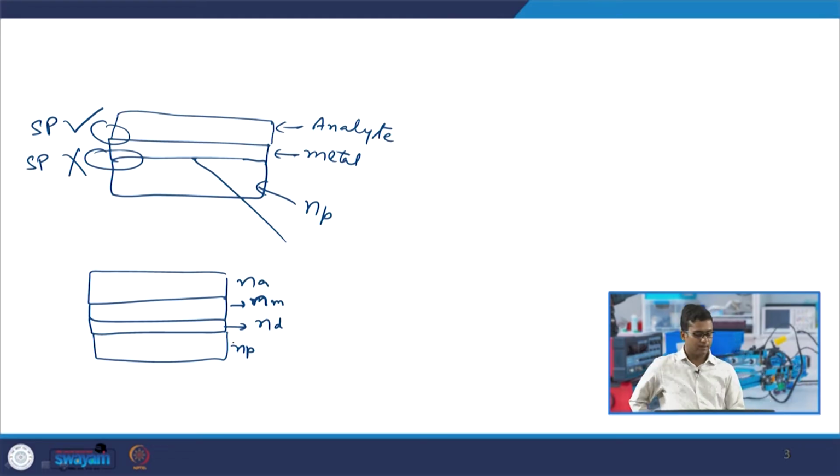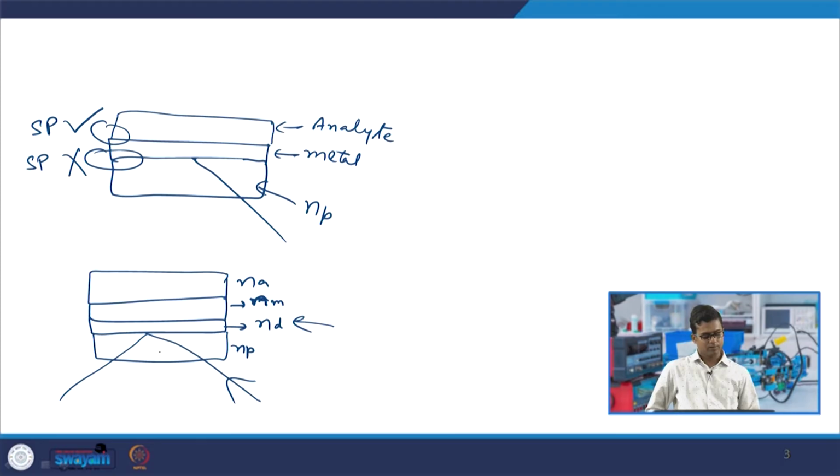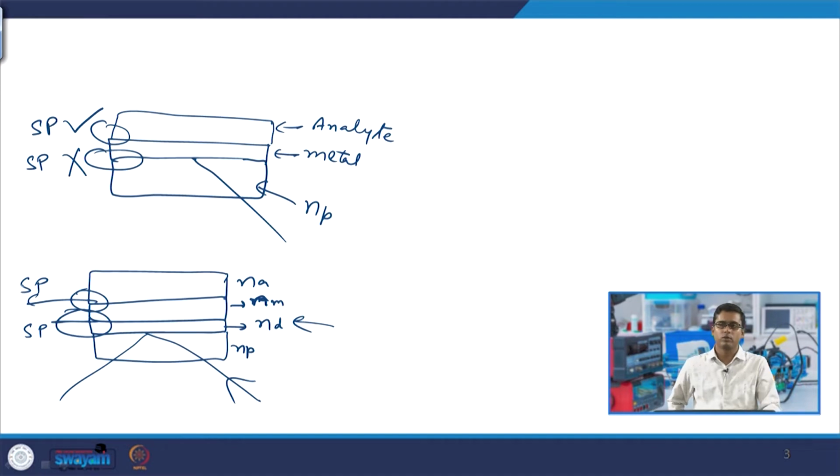NP is the prism, there is now an additional dielectric layer, NM is the refractive index of the metal and Na is the analyte. So, the wave vector here is getting enhanced, but it is exciting surface plasmons at this interface, here also SP and here also SP. So, now you have 2 surface plasmon modes.